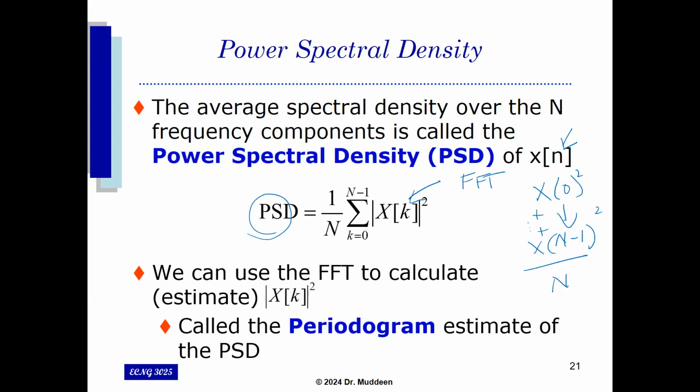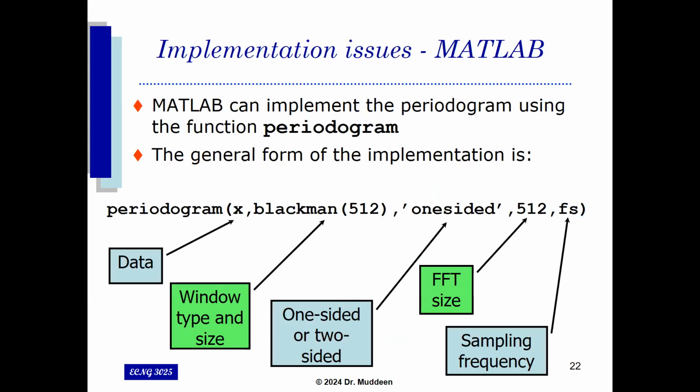And we can use that now to estimate, as we say, there's a particular algorithm that allows us to calculate that, and the algorithm is called a periodogram. Again, like the spectrogram, if I want to find out the power spectral density of a signal, with the periodogram command, I give it the data.